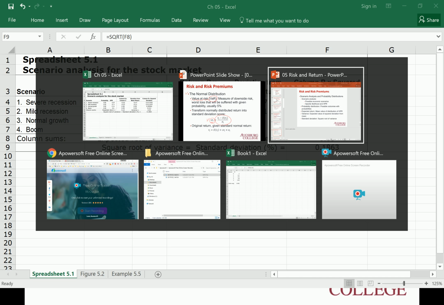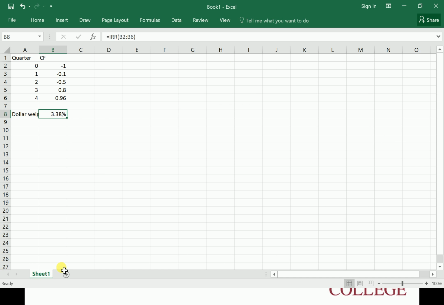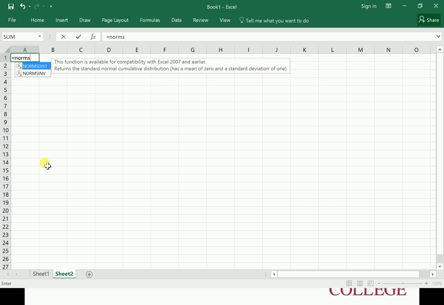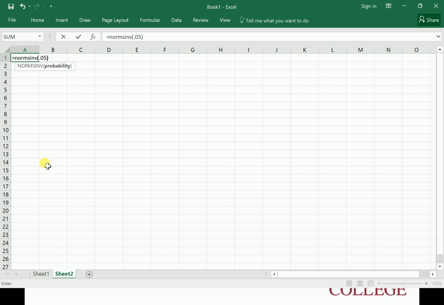You can find it by using NORM.S.INV and 5%. Then you have negative 1.64485.